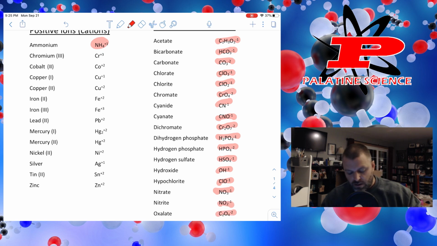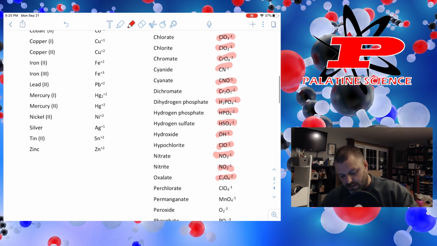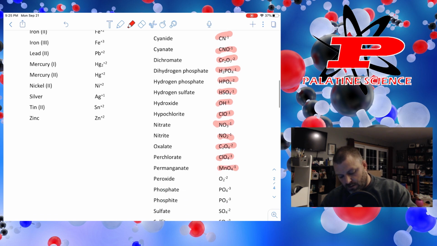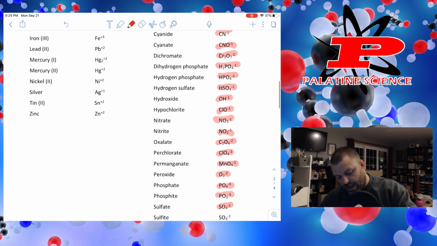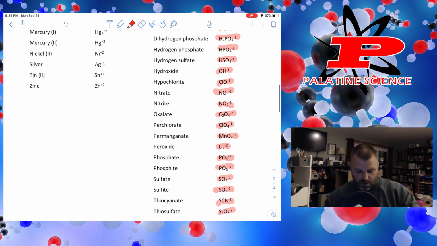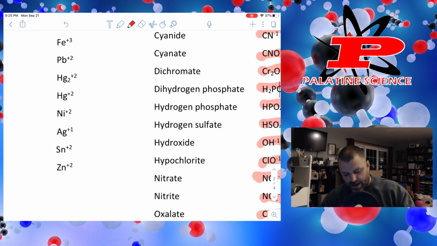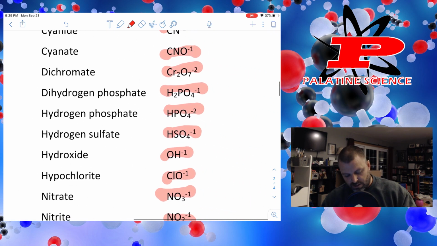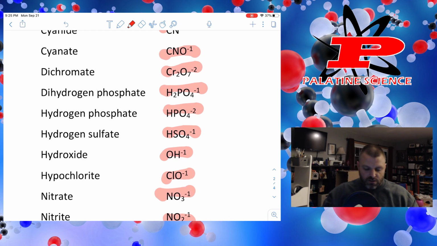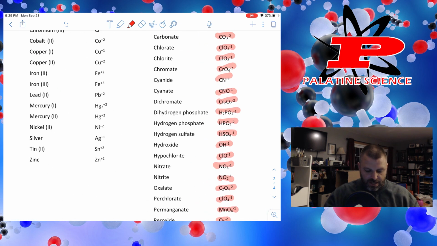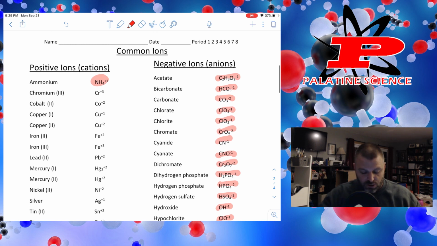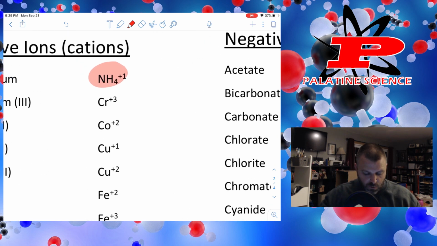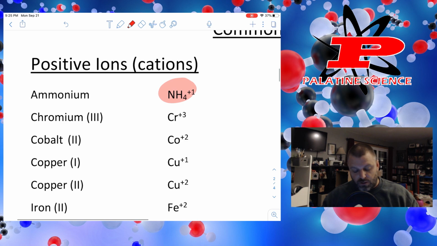There are others, but ammonium is the main one you need. Look at all these polyatomic anions, because they are made of more than one atom. We have hydrogen, sulfur, oxygen, hydrogen, phosphorus, oxygen. These are all of your polyatomic anions. There is one exception that you need to know, and that is ammonium, and ammonium has a +1 charge.